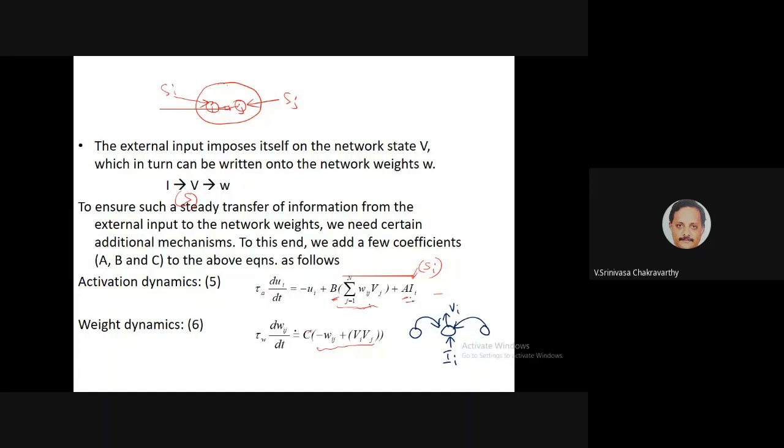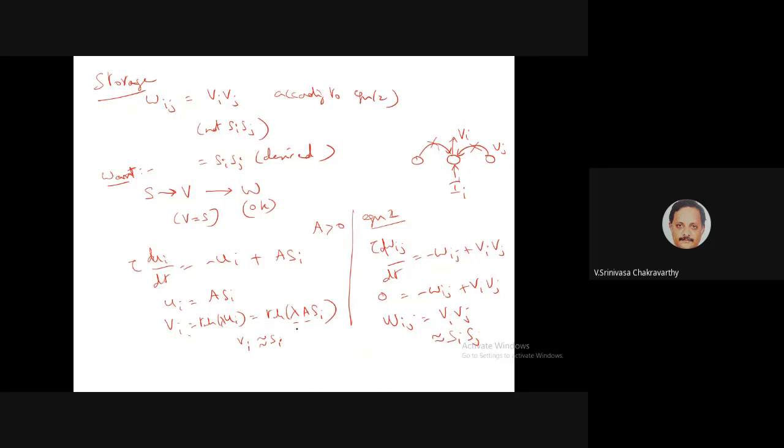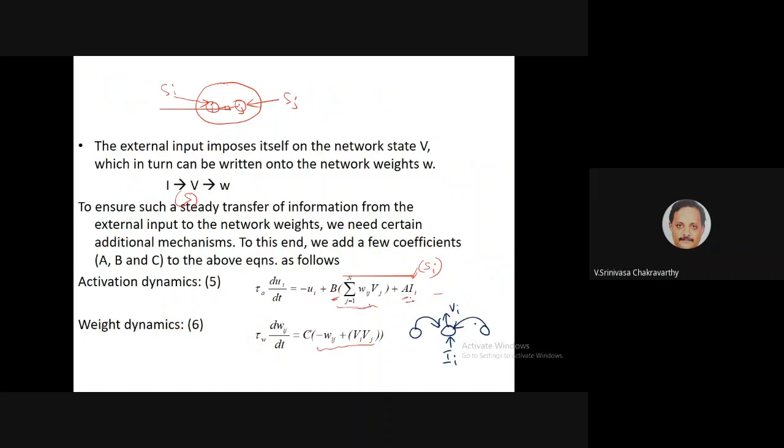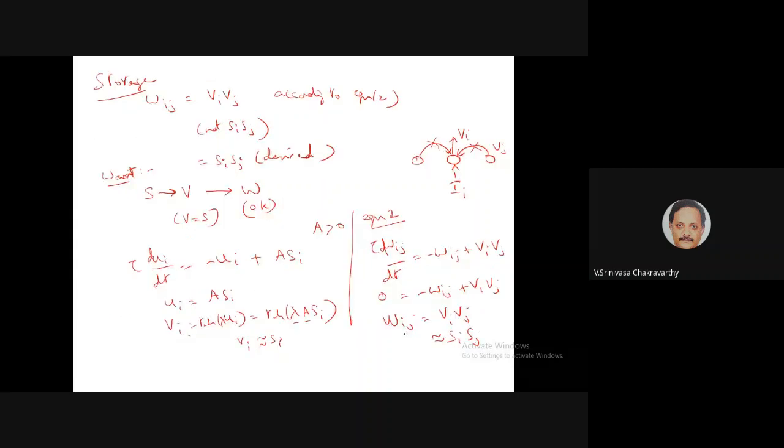And how do I retrieve it? I give some random input as initial condition, let the network evolve, and then retrieve the final state. So here also, to distinguish between the two states of operation of the network, storage and retrieval, I'll play with these three coefficients A, B, and C.